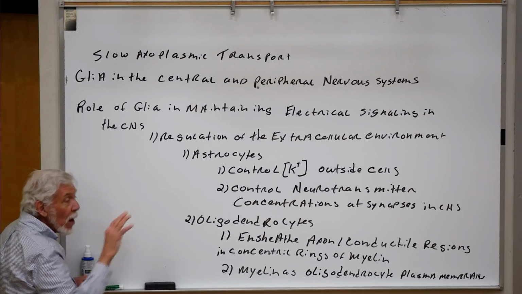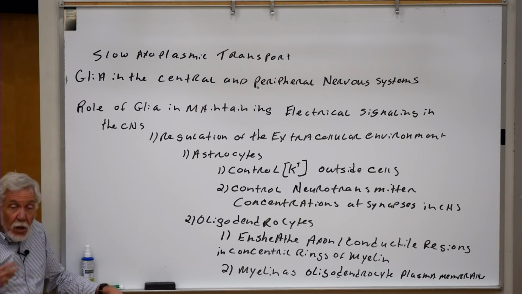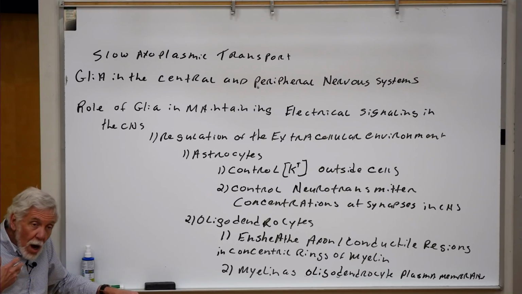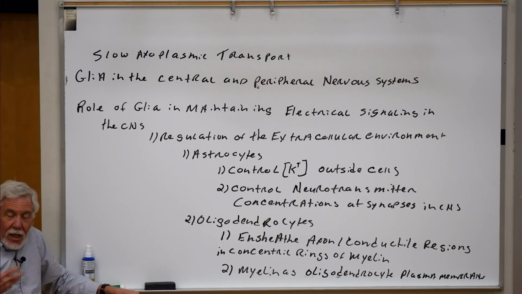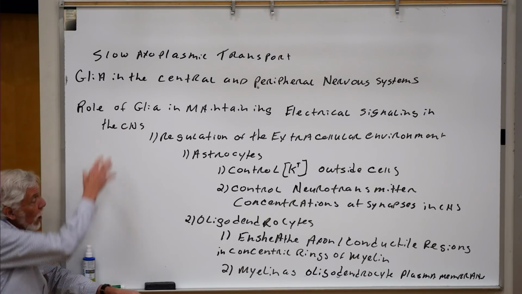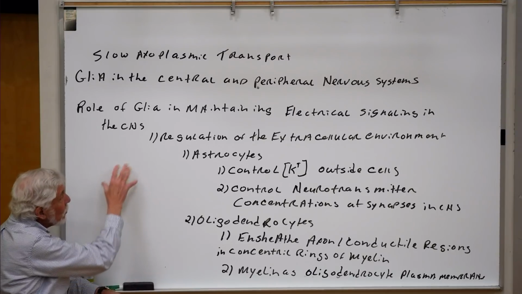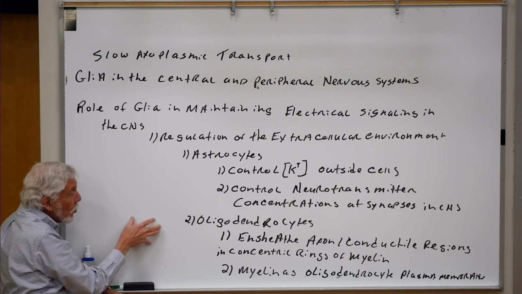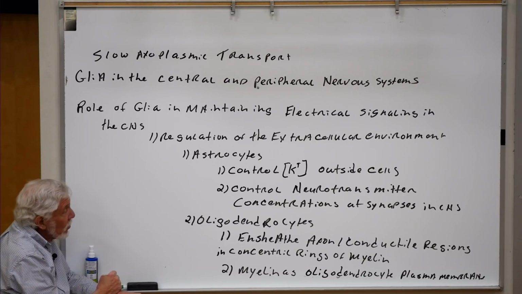They basically are highly specialized cells that signal electrically, and we'll spend a lot of time talking about that. But for them to operate as electrical signaling devices really requires the right kind of environment, and that's what the astrocytes do. We'll walk through some of the regulatory systems in the astrocytes and the oligodendrocytes, which are the two major kinds of central nervous system glial cells.